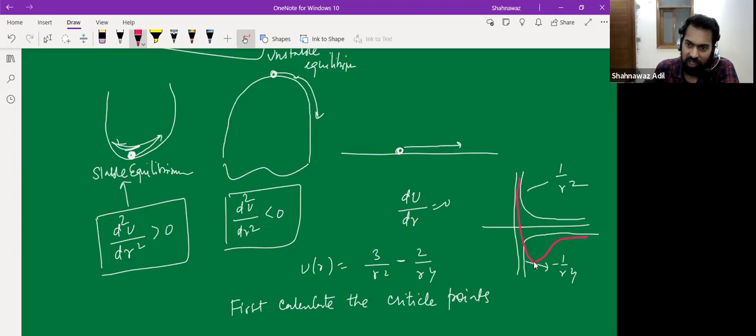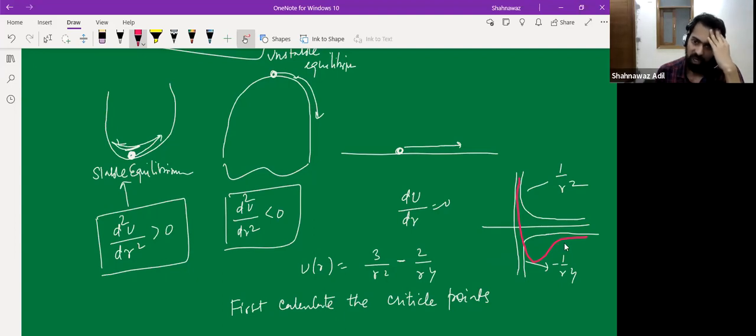So you see how many equilibrium points you have. Can you guess from this diagram, how many equilibrium points there are? Am I audible to you?